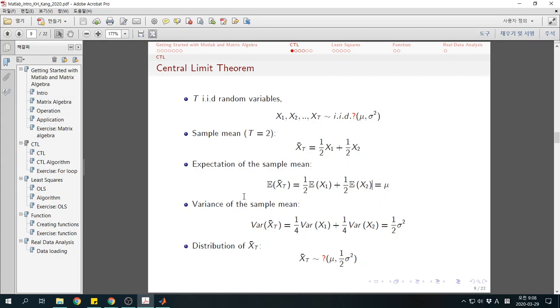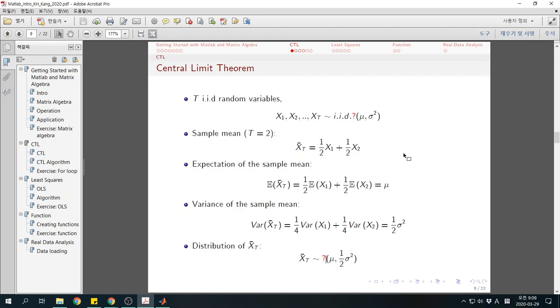In computing the variance, 1/4 times sigma square plus 1/4 times sigma square, so the variance of x bar is 1/2 times sigma square. The mean of x bar is mu, the variance is 1/2 sigma square, but we still have no idea what kind of distribution it is. Also this distribution usually is different from the original one, right?